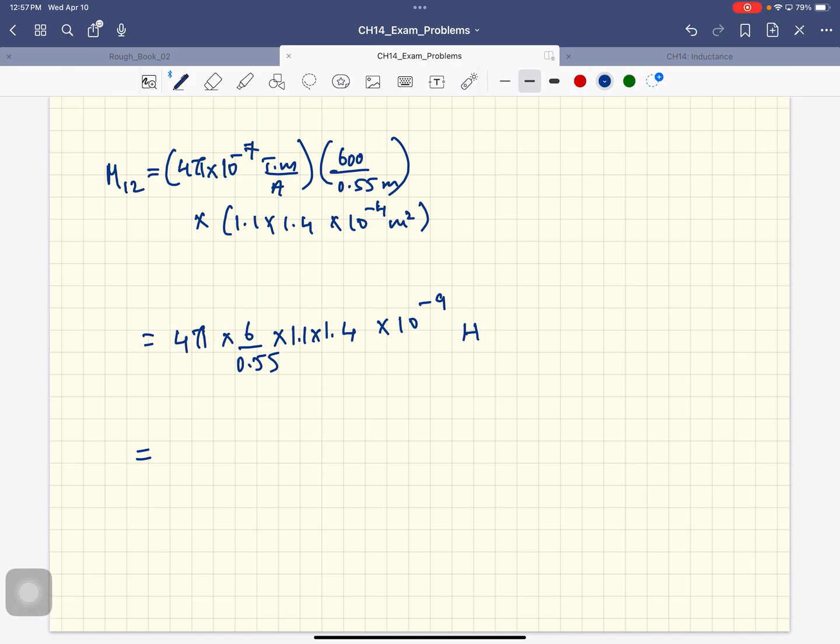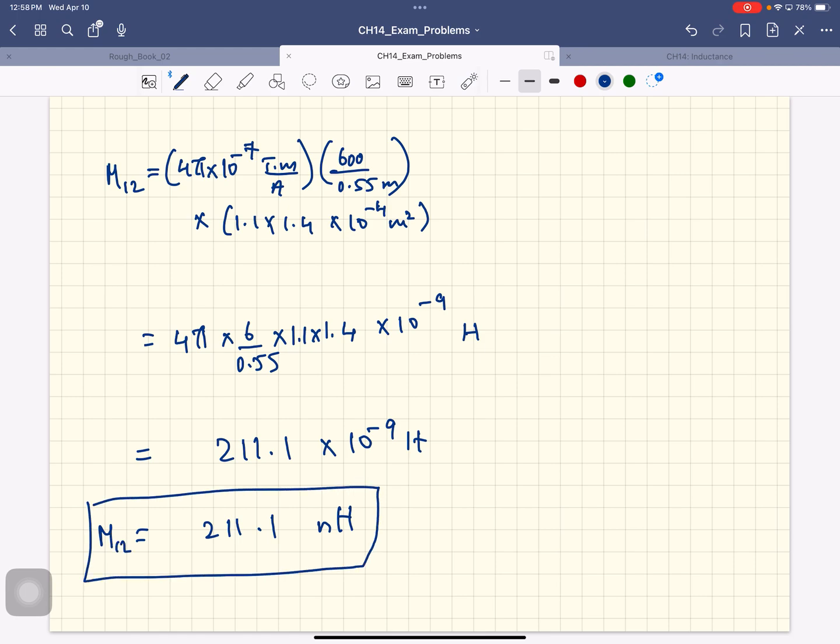All right, so this is equal to 211 nanohenry.